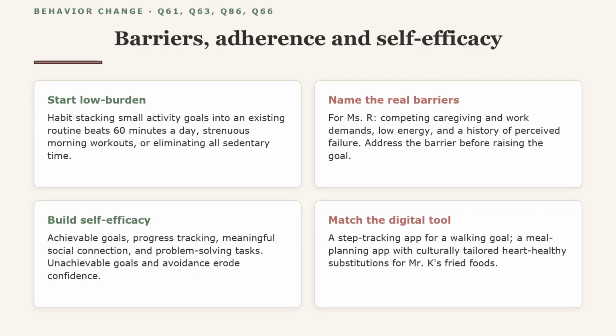A modest goal predicts another failure. So you don't want to say exercising 60 minutes a day in a strenuous morning workout or eliminating all sedentary time is an appropriate goal. You need to start out small. I always consider it a small test of change.